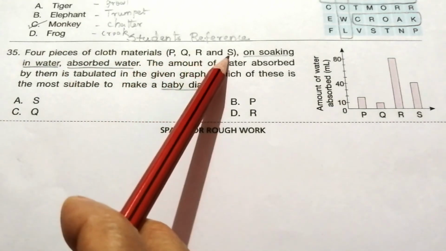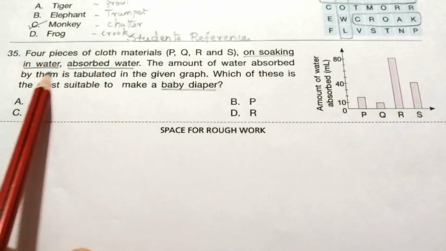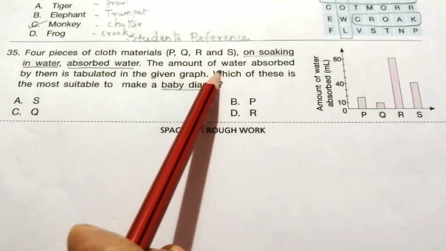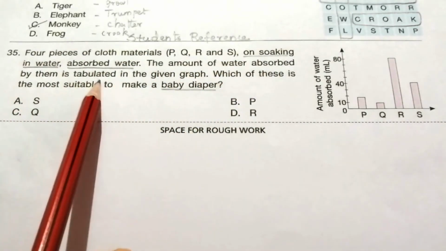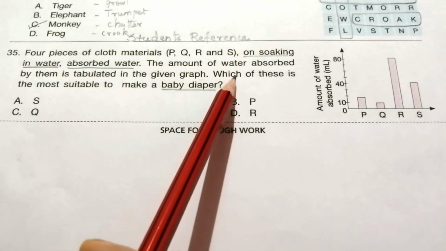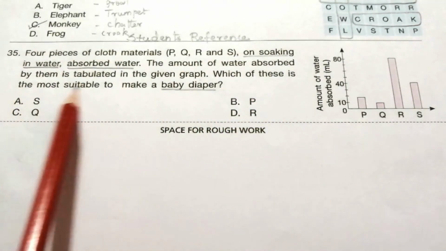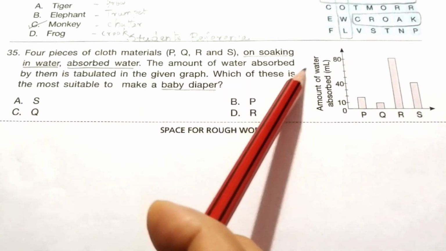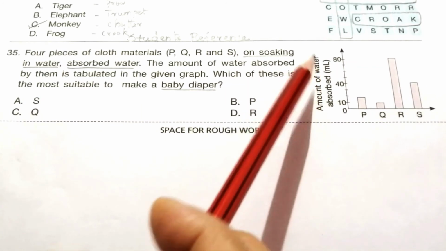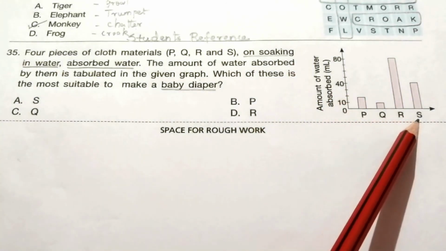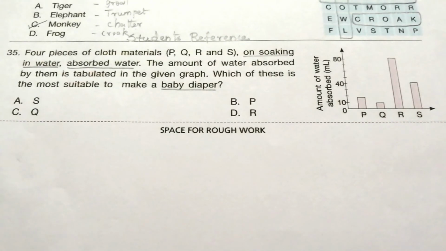35. Four pieces of cloth materials P, Q, R and S on soaking in water absorbed water. The amount of water absorbed by them is tabulated in the given graph. Which of these is the most suitable to make a baby diaper? Read the given options and try to find out the answer.